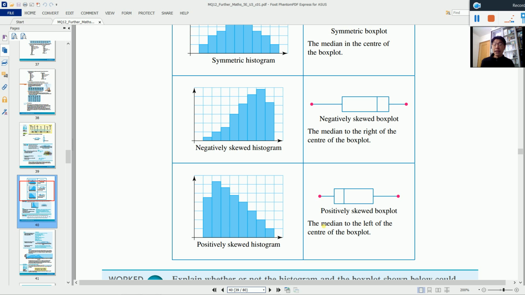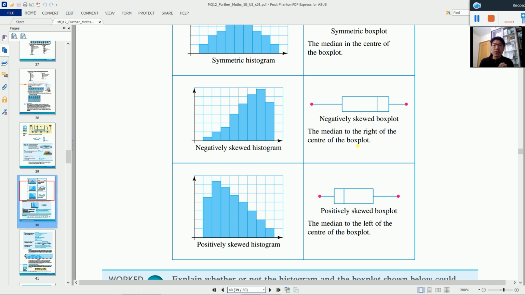So you do need to describe it. If your question asks you to describe the shape of the box plot, you do need to say that the median is to the right of the center inside the box, then it is a negatively skewed box plot. Things like that you will be using a lot when we describe different graphs, right?